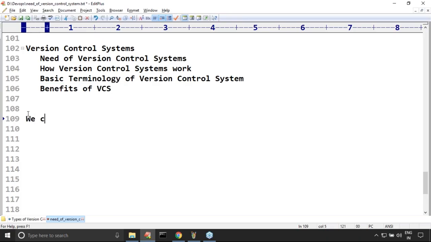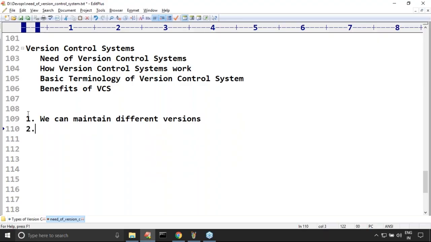What are the main benefits? We can maintain different versions of our software product, so that based on our requirement we can choose any version. A new version won't overwrite the old version. Remember this.